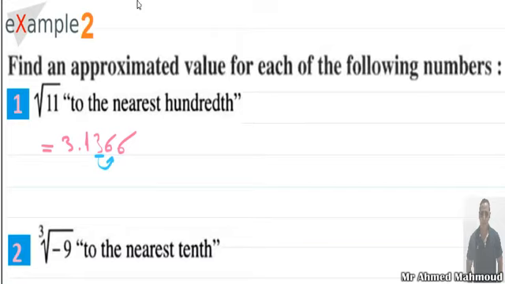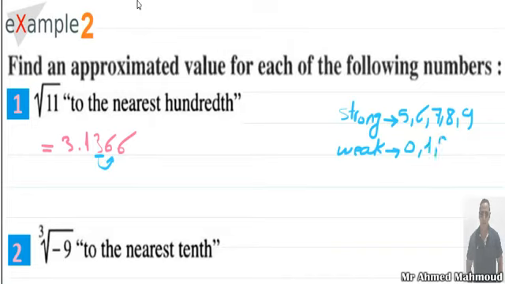Let's remember the strong digits: 5, 6, 7, 8, and 9. The weak digits are 0, 1, 2, 3, and 4. The strong digit, add 1 to the previous, and the weak digit, leave the previous without change.